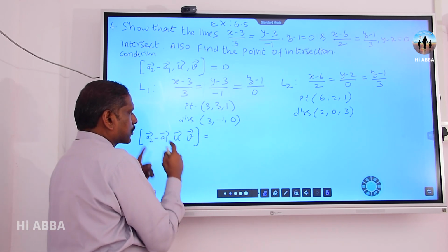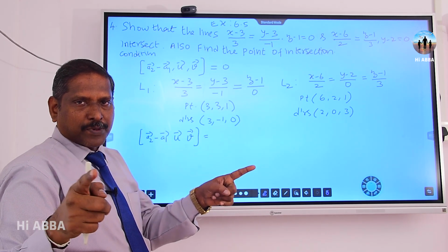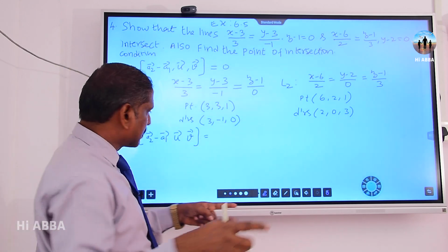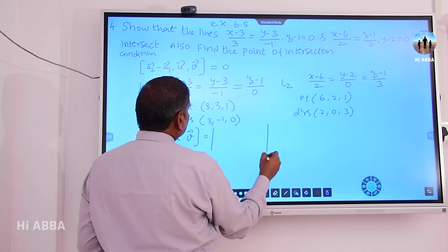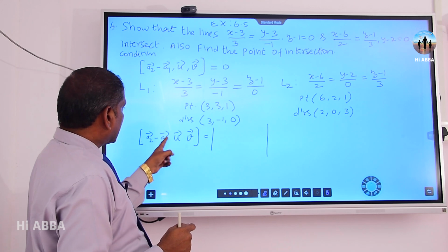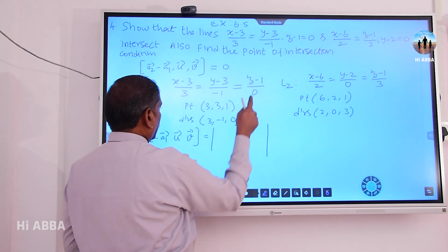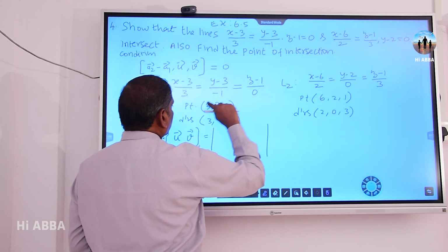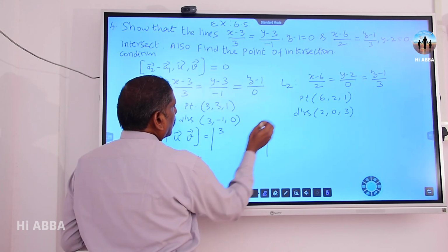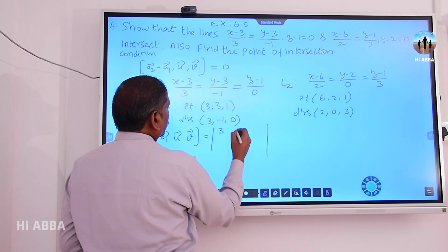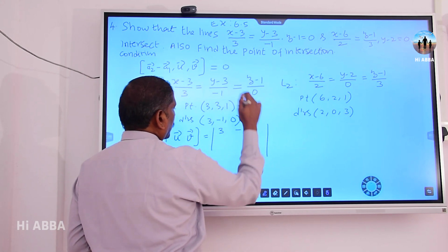The box product is a scalar triple product, and its value is obtained by a determinant. So write the determinant, and in the first row write the difference between the 2 points: 6 minus 3 is 3, 2 minus 3 is minus 1, and 1 minus 1 is 0.